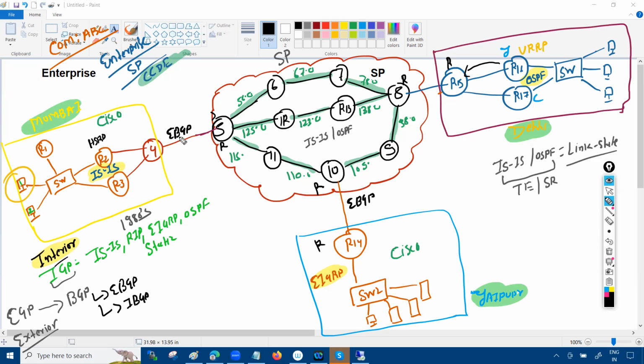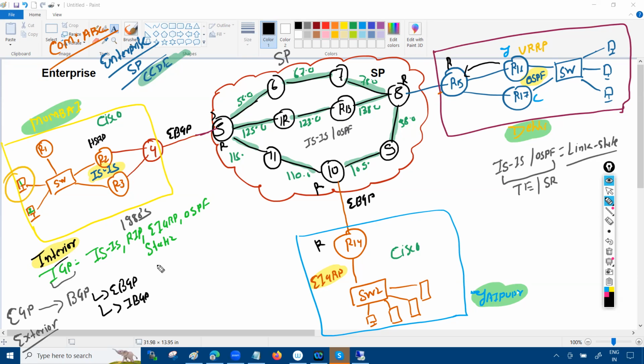In that case, you can reduce a lot of complexity. You cannot say it's not scalable, but the problem will happen with the routes. You will lose security, because these routes come to the customer network.